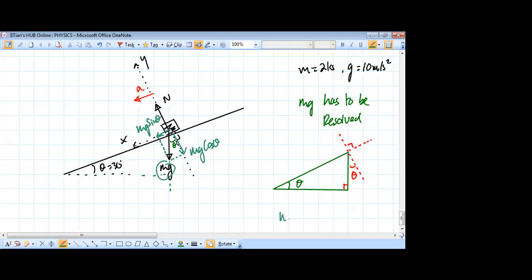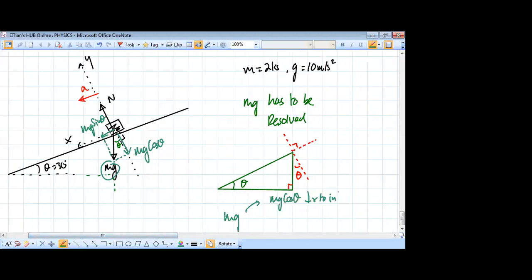So mg is resolved into mg cos theta, perpendicular to the inclined plane, and mg sin theta, parallel to the inclined plane.